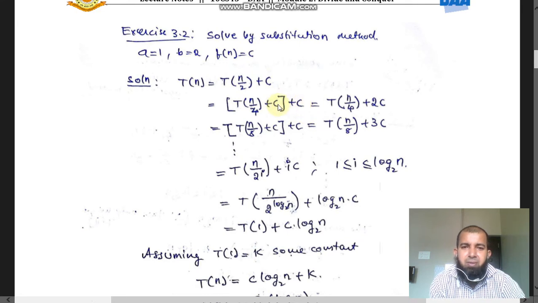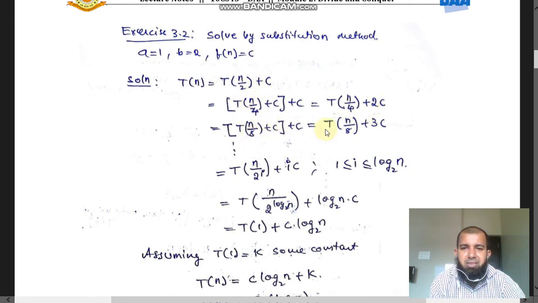Then 1c plus 1c, that is 2c. Now you substitute n by 4. In place of n, write n by 4. So T of n by 4 into 2, that is 8, then plus c.